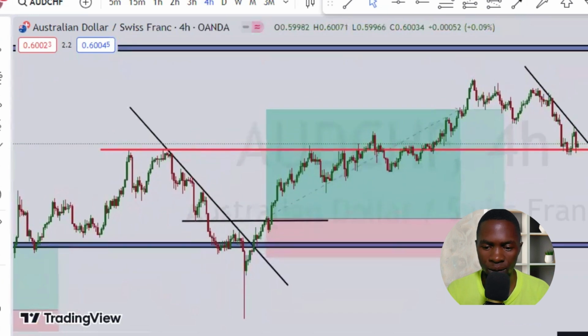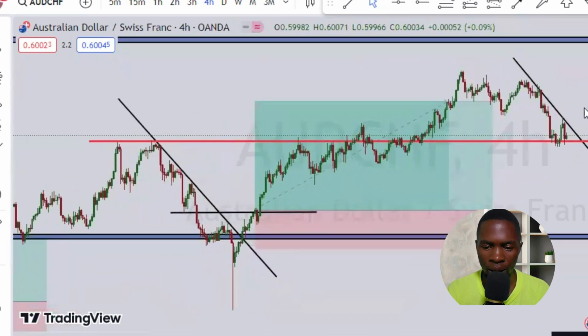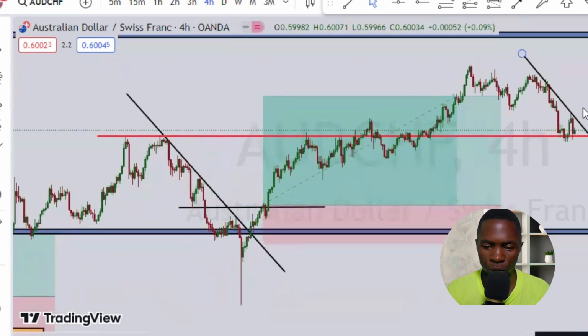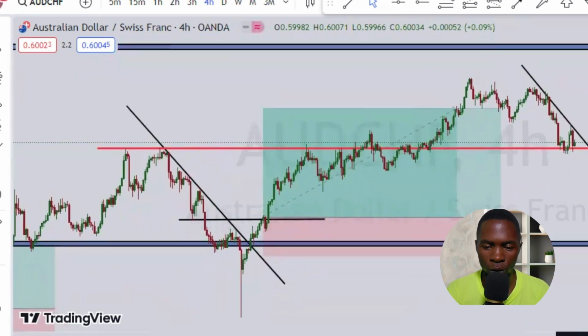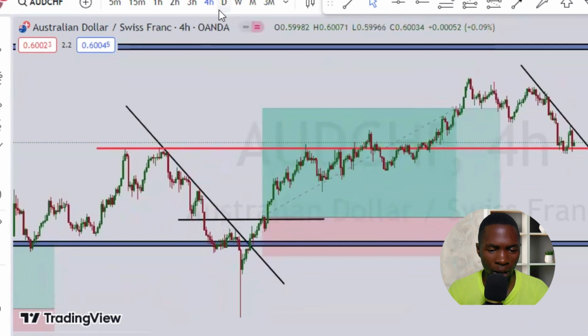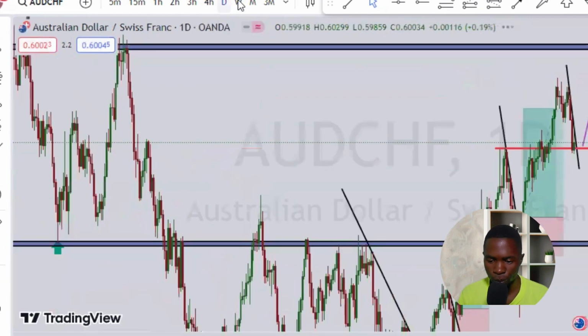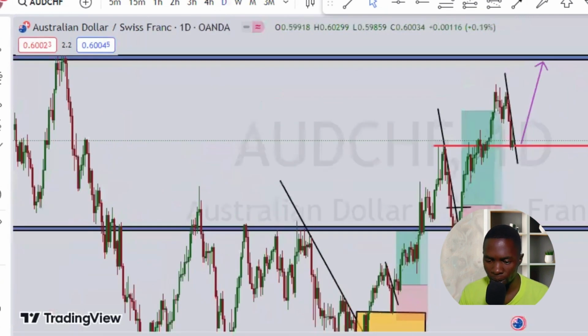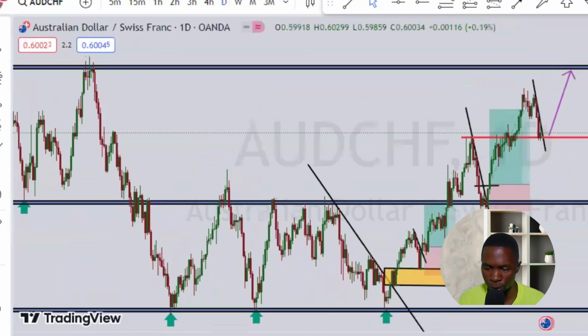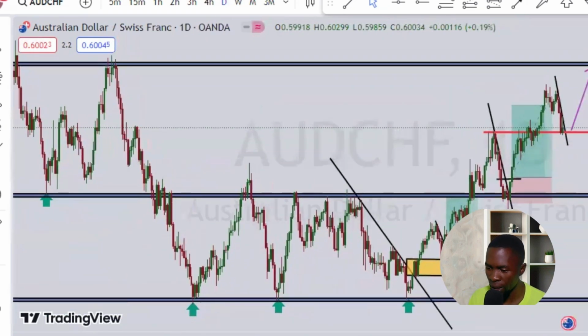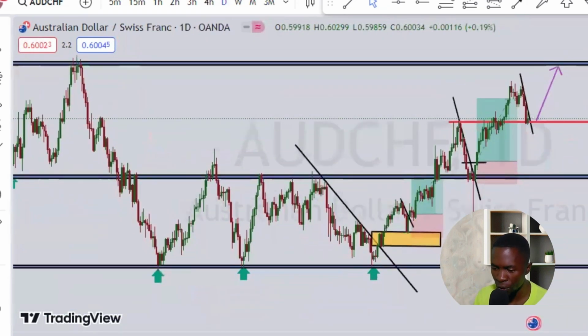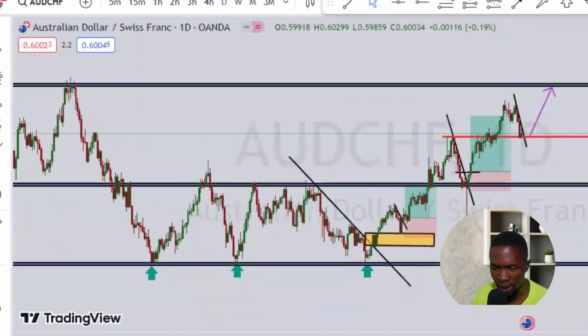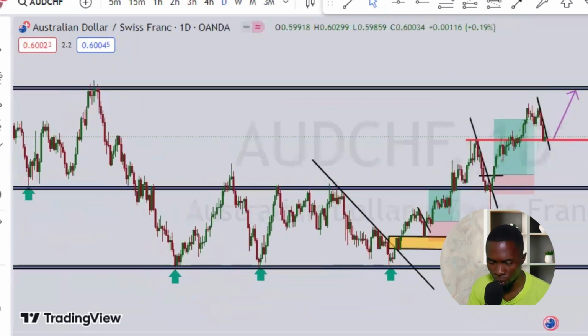So now this is the support. I'm waiting here. I've already drawn my counter trend line, so I'm waiting for the market to break this trend line and see if I can have another setup or trade on that particular pair. So that's all about AUD CHF.